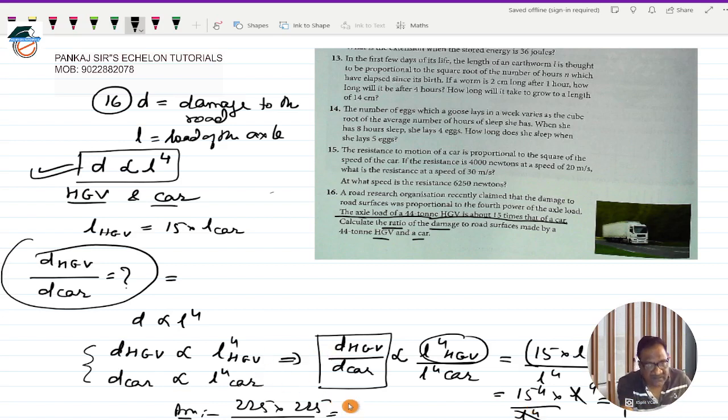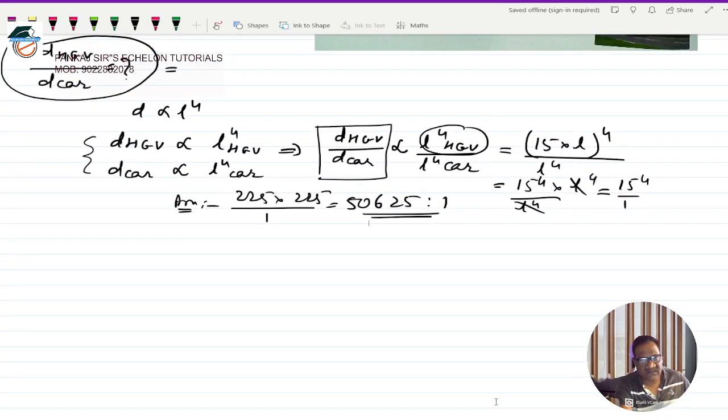Okay, it's 50625 is to 1. So your final answer is the ratio of damage caused due to HGV to the damage caused by the car is equal to 50625 to 1. This is the answer.